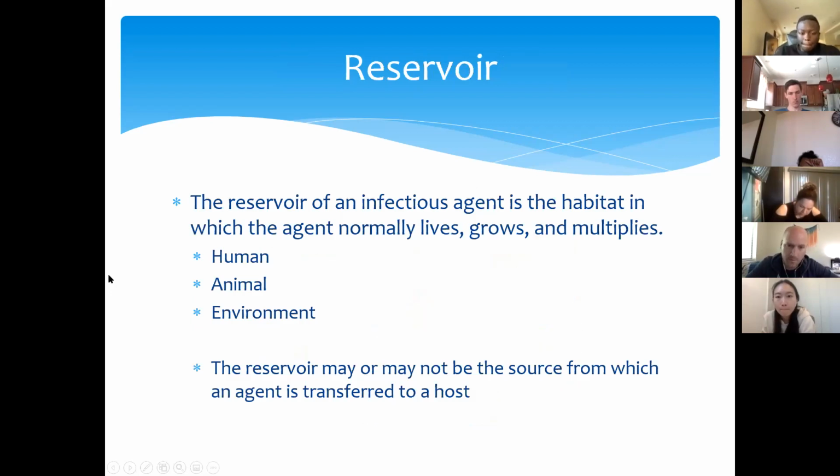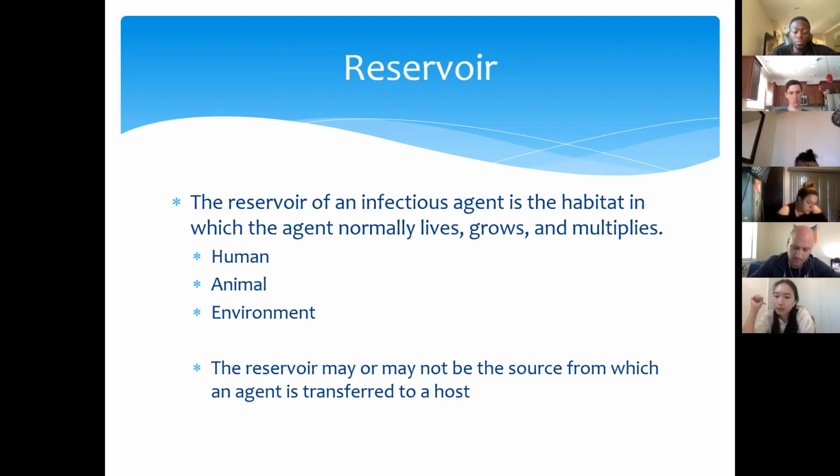So the reservoir is the habitat which this microorganism lives in, and where it normally grows. Soil could be a reservoir for fungus, for bacteria, for any spores that grow. That's where it lives, grows, and multiplies. It can be human, and we'll talk about carriers.